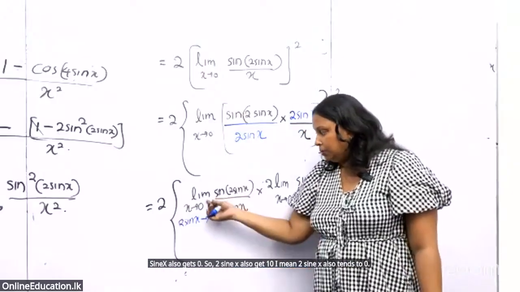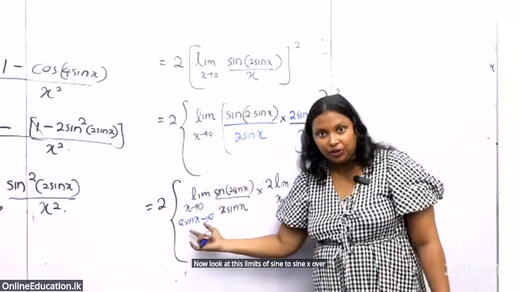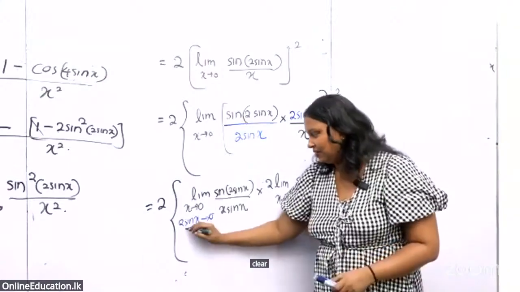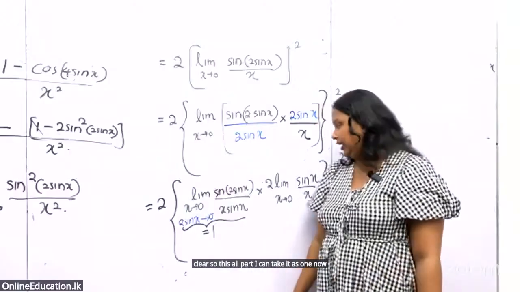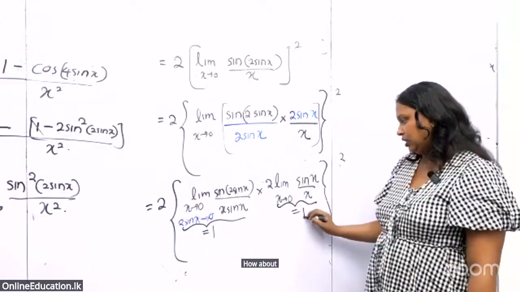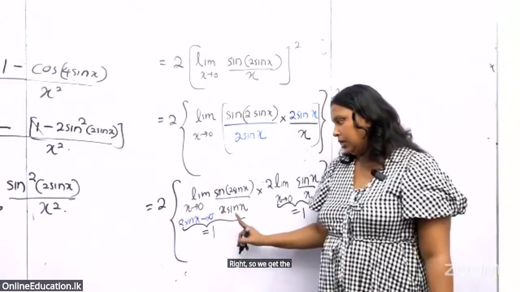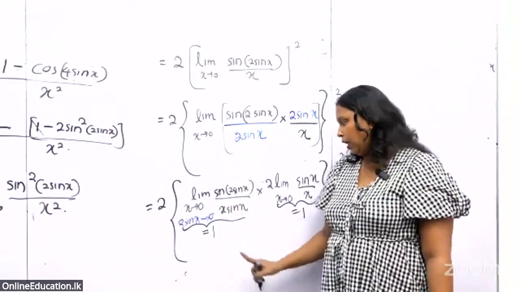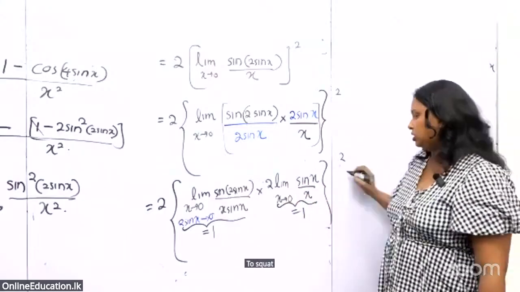Now look at this, limits of sine 2 sine x over 2 sine x when 2 sine x tends to 0. Clear? So this whole part I can take as 1. How about this? Well-known 1. Right? So we get the answer 2 times 1 times 2 squared. No? So its answer is 8.